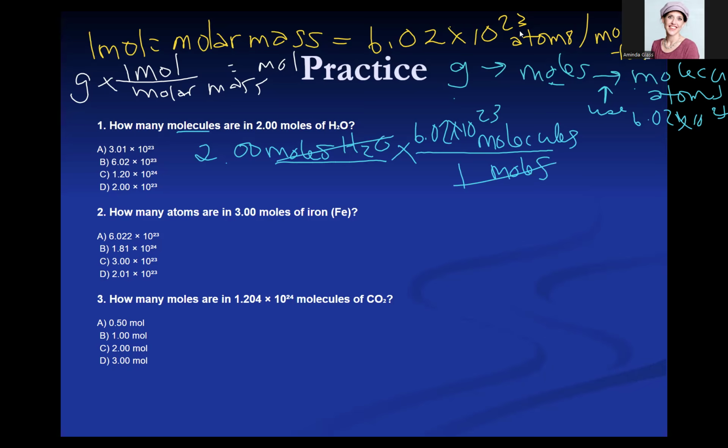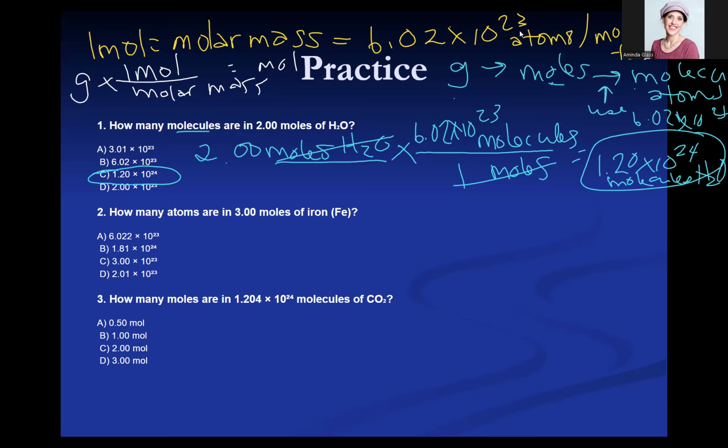If I put it into my calculator, 2 times 6.02 times 10 to the 23rd gives me 1.20 times 10 to the 24th molecules of water. So that is C.